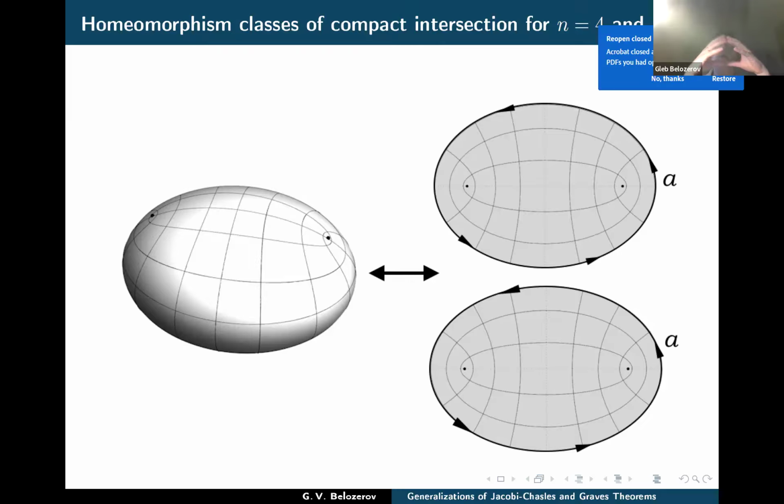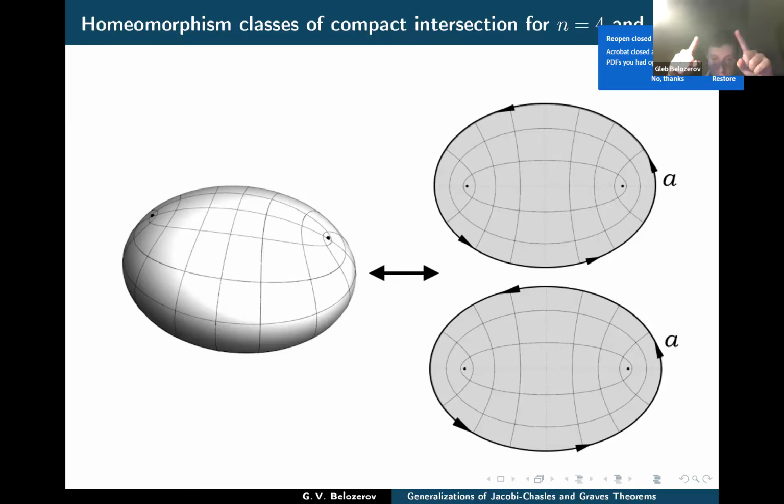But how can we represent a three-dimensional ellipsoid? Note that a two-dimensional ellipsoid may be topologically constructed in the following way. We consider two same regions bounded by the ellipsoid, and then we glue these regions along the boundary. We obtain a topological space which is homeomorphic to the two-dimensional ellipsoid.